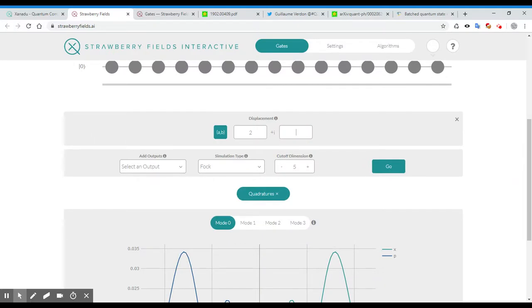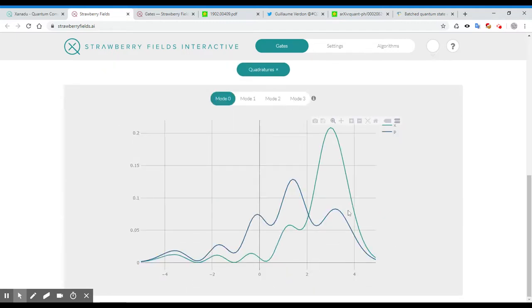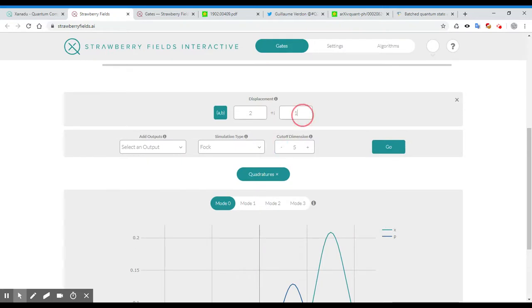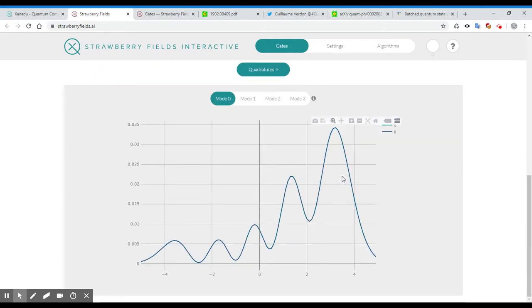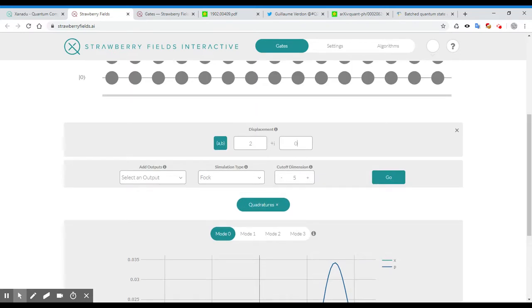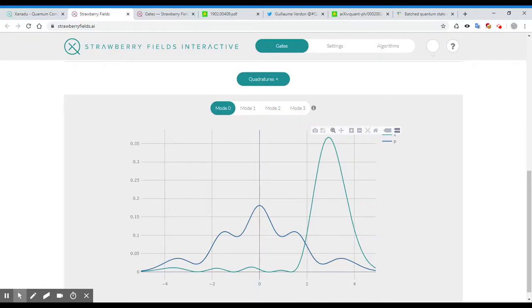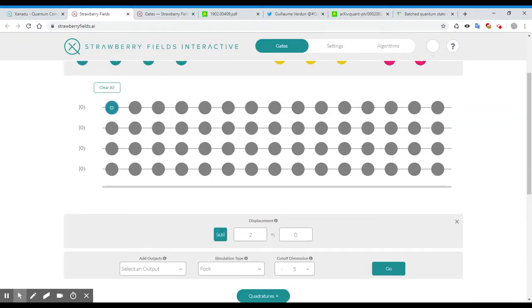So it seems like we can't really... I could move both, but I don't know if that would give me anything. That messes up. No, let's not move it. Let's keep it like this as a displacement.